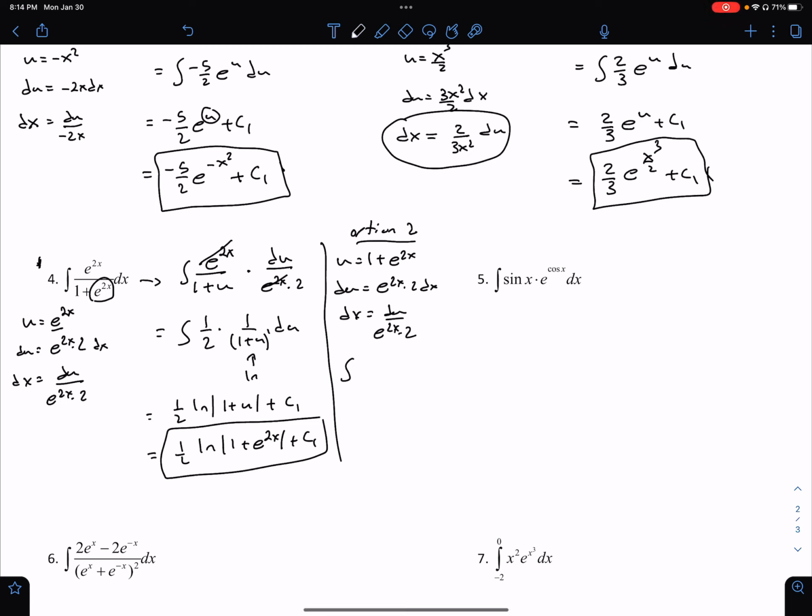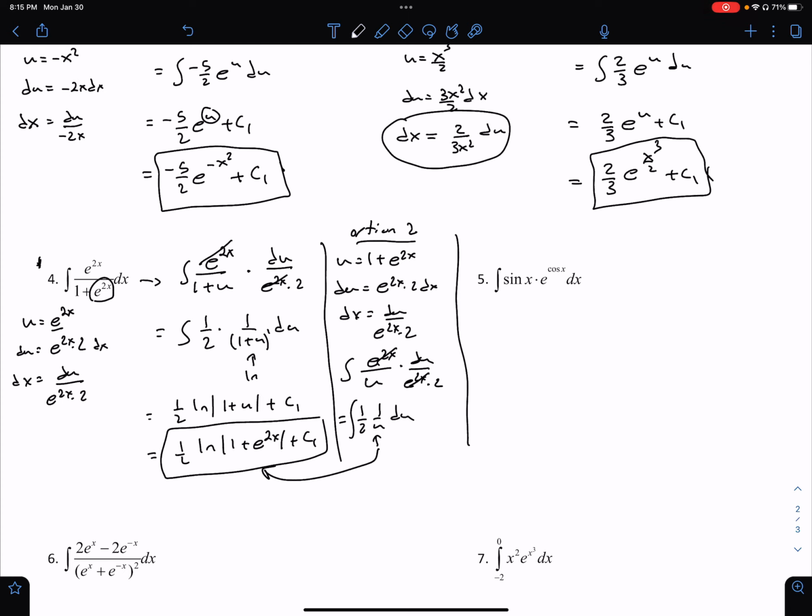But when I rewrite it, I'm going to get e to the 2x over u times du over e to the 2x times 2. And again, those cancel, and I'm left with 1 half times 1 over u du. And if you notice, this will become the exact same answer. So you have a couple of options sometimes. It's really just dependent on how good your algebra is and how much you want to practice these.